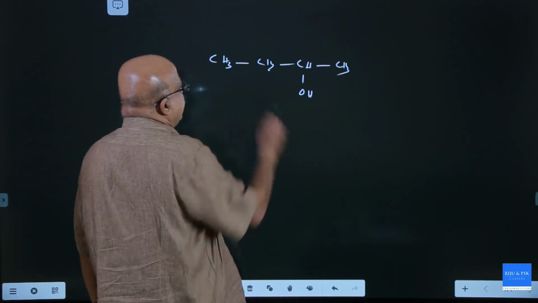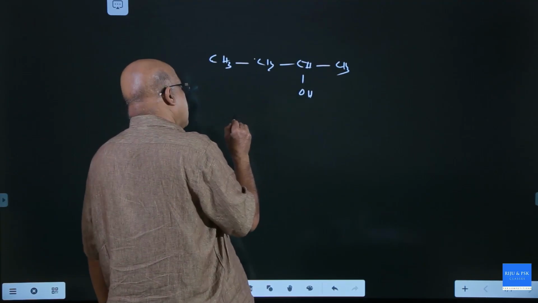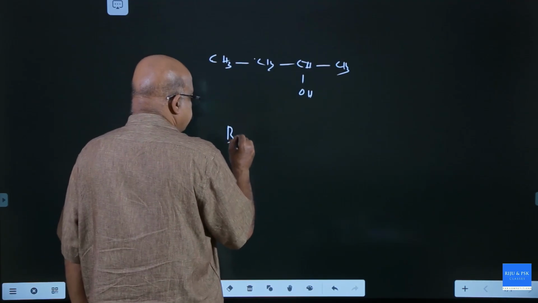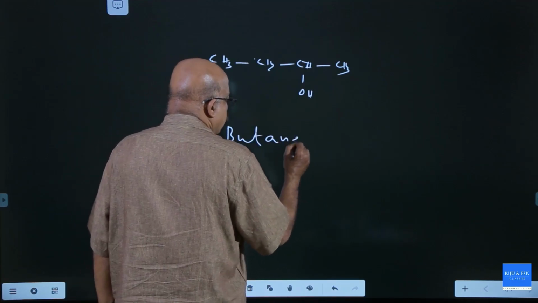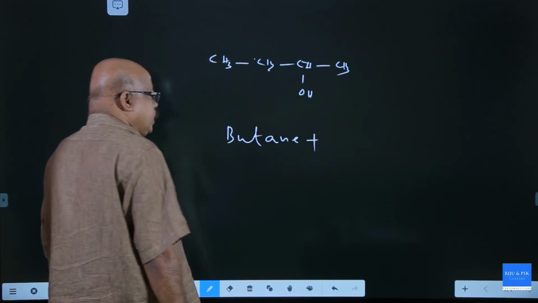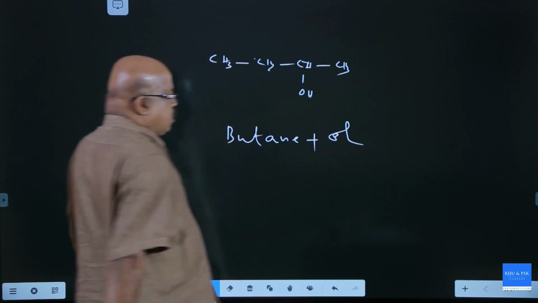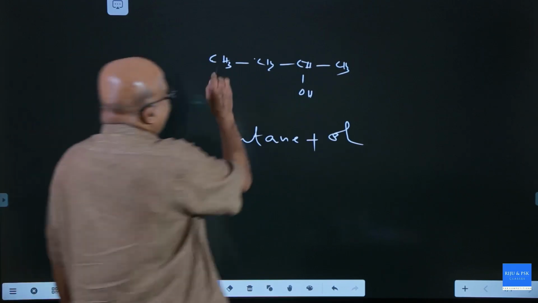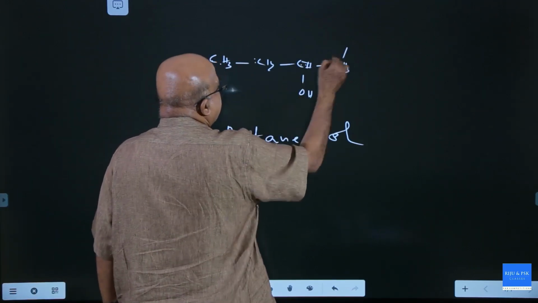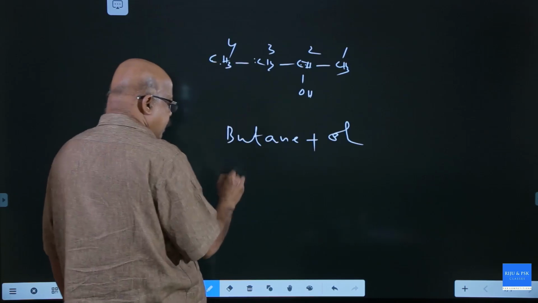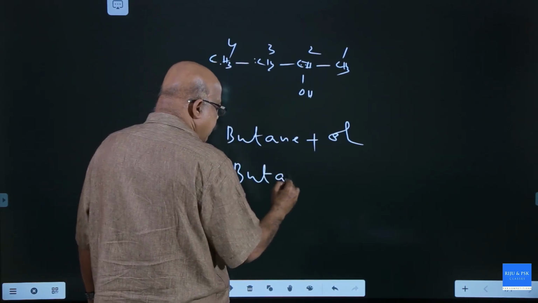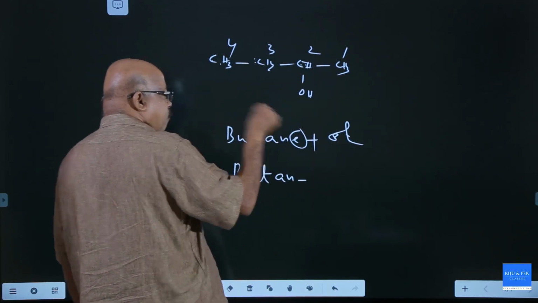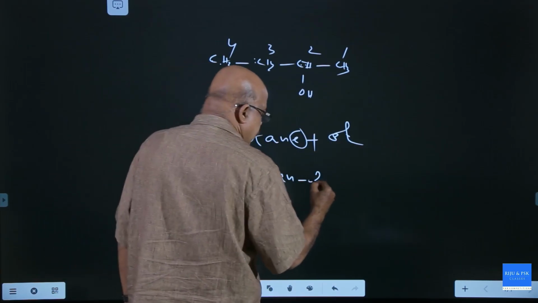Identify the longest carbon chain 1, 2, 3, 4. 4 carbon chain, it is butane. There is OH group, so secondary suffix ol, where the OH group is connected, that is at the first, second, third, or first, second. This is the correct numbering. So it is butane. Drop the E and add OL. Fix its locant also, butan-2-ol.